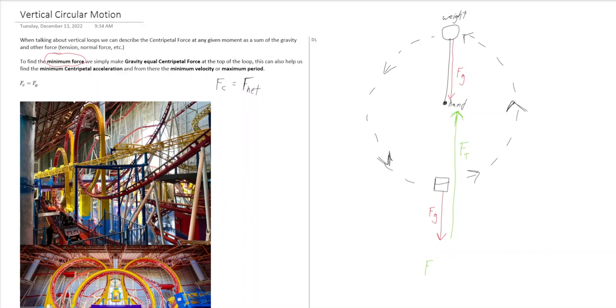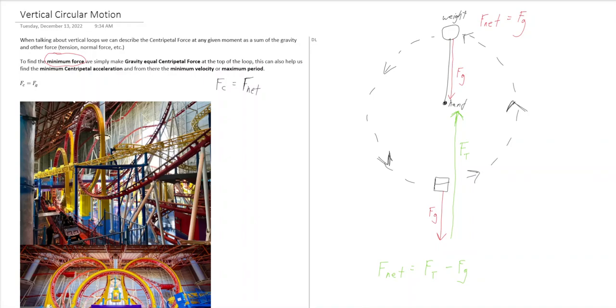Well, because Ft minus Fg is what we have as our F net at the bottom. But at the top, our F net is simply Fg. So you can see how, if we want to keep the F net the same, you actually need to pull up more when it's at the bottom.